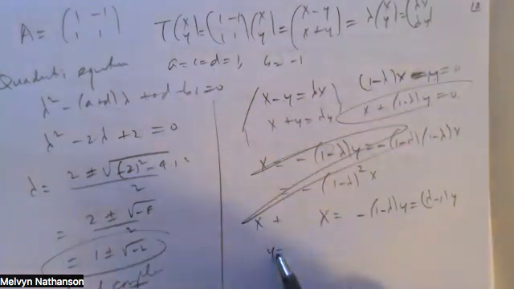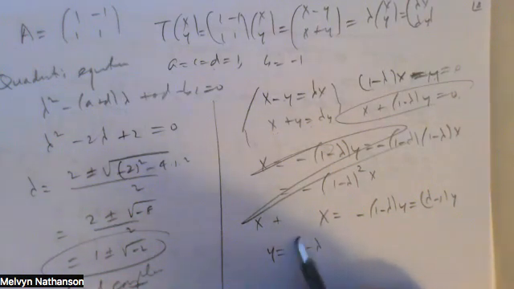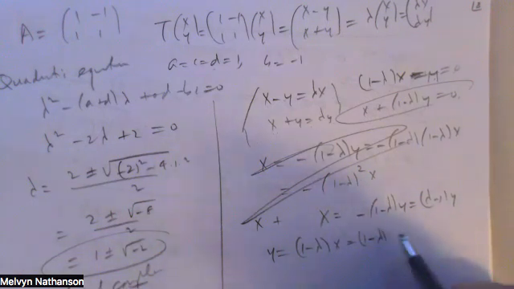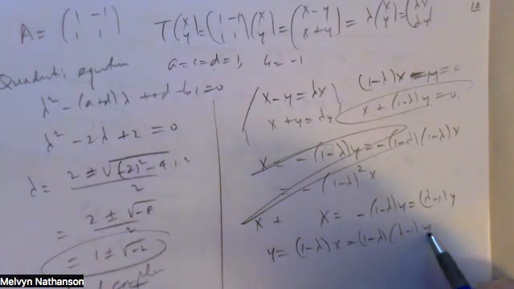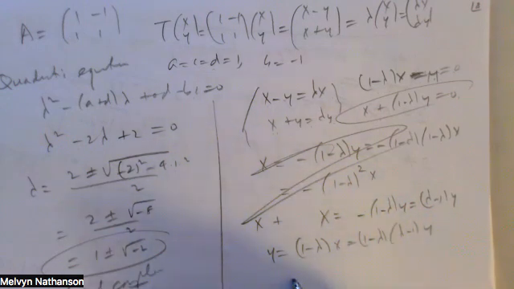This says y equals 1 minus lambda x, which is 1 minus lambda times lambda minus 1 y, which is 1 minus, what is this?